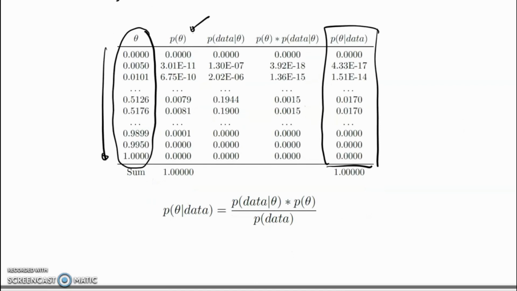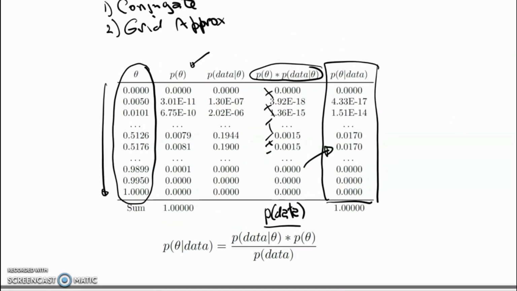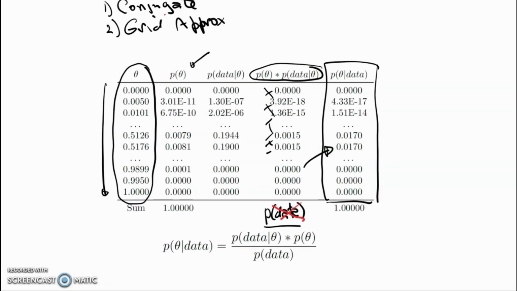A key to this was that once we had our joint probabilities, we summed them up to get the marginal probability of the data, and then divided each one of these joints by the marginal probability of the data to get the goal, the posterior distribution of theta. The difficulty is that when you've got a lot of parameters, in practice, determining this is devilishly difficult, and therefore grid approximation is not going to work.